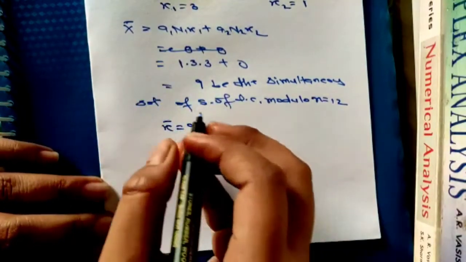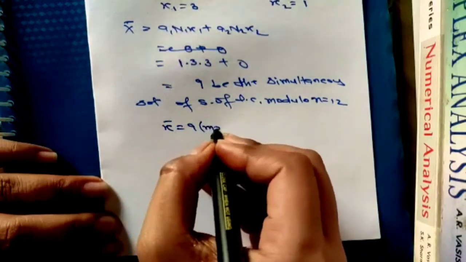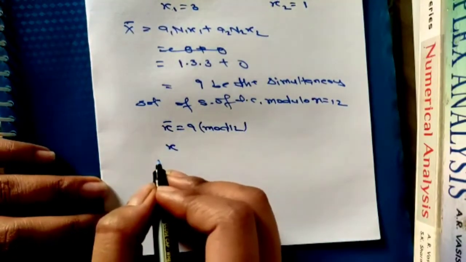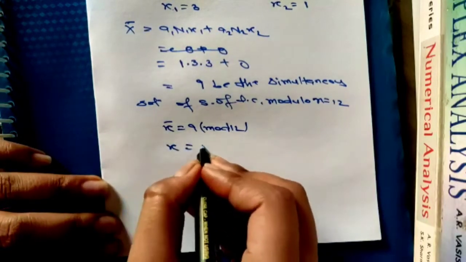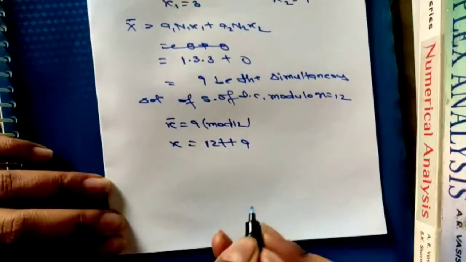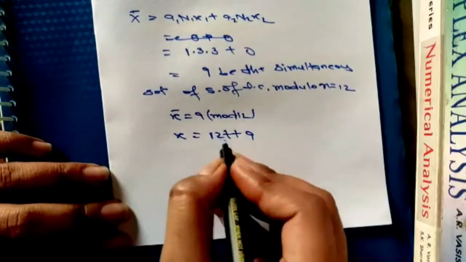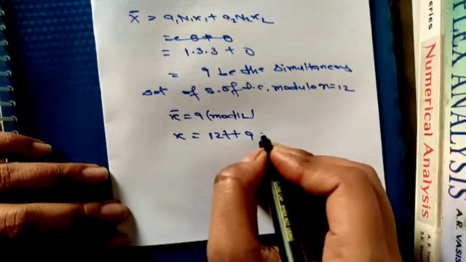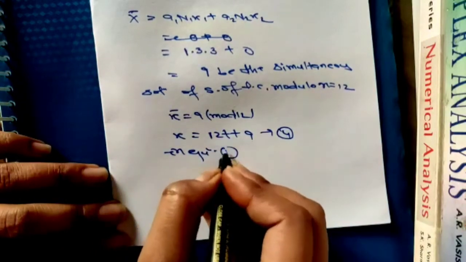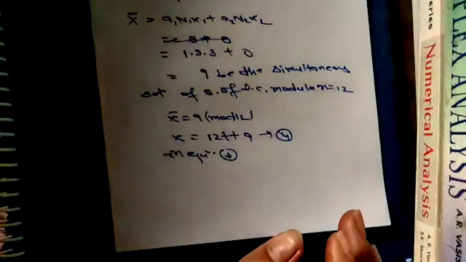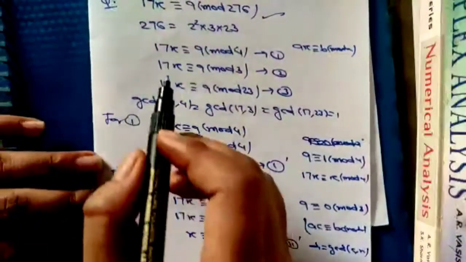Okay. So modulo 12. By using the linear Diophantine equation, we can write it as x is equal to 12t plus 9. Put the value in equation 3. What is equation 3?